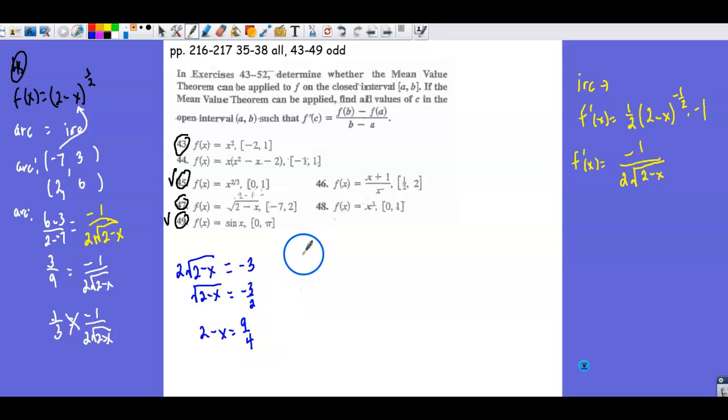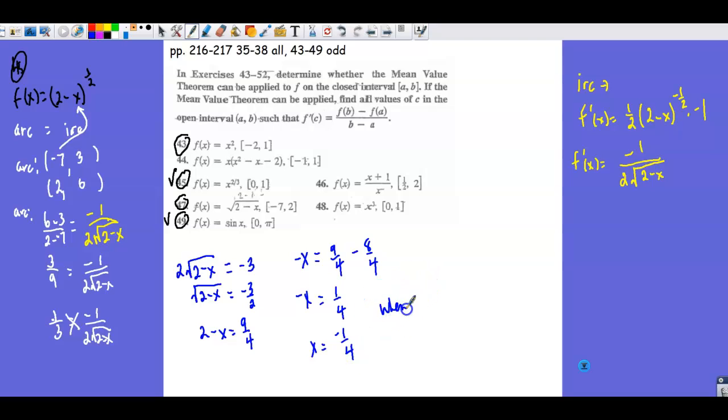Bringing it up here, subtracting 2 from both sides. If I subtract 2, that will be 8/4. 2 is 8/4. So that gives me -x equal to 9/4 minus 8/4 is 1/4. Divide by -1. So x equal to -1/4.